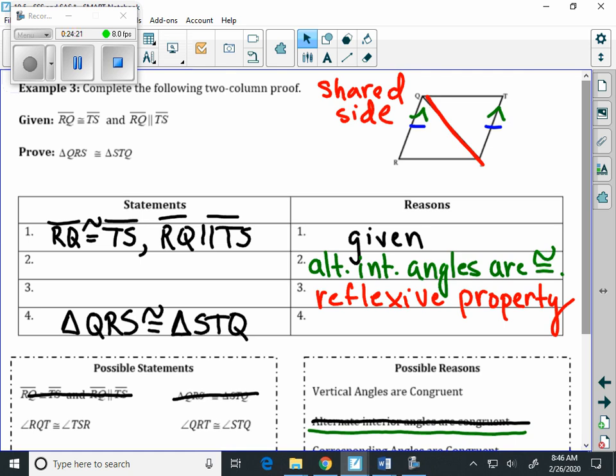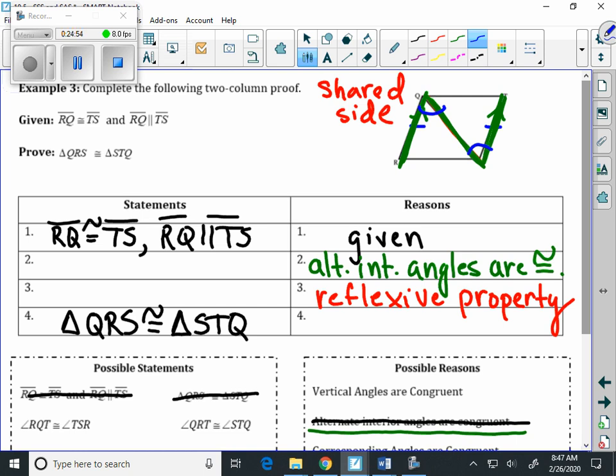I got taught a little bit of a trick here about identifying the alternate interior angles. And what someone told me is draw a Z. So here's a parallel line. And here's the parallel line. And draw the Z in there. And if we draw the Z, the angles that we're working with are, I'm going to switch colors, here and here.